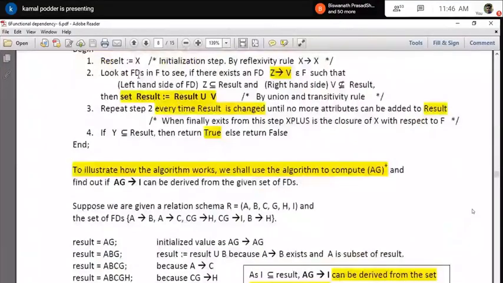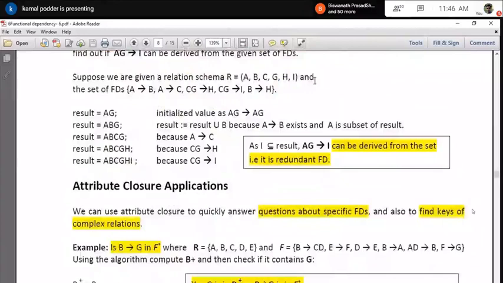I am understanding the algorithm with the help of this example. Now you just see the result. Now take the next one, say A, B, this particular FD. Now if you see, A, the left hand side, already exists there, but B is not there.